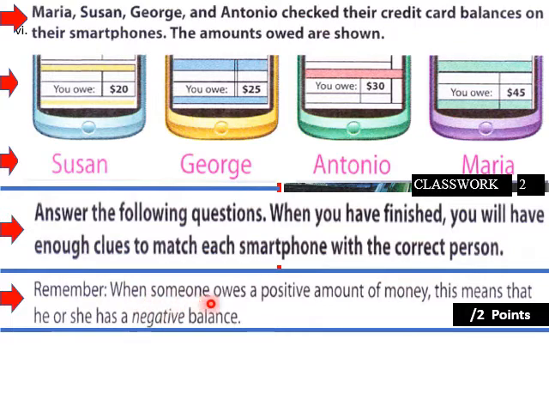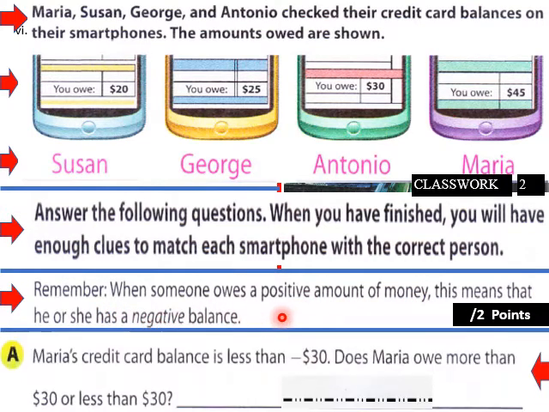Okay, remember, when somebody owes a positive amount of money, this means that he or she has a negative balance. So Maria's credit card, here's Maria. Balance is less than $30. Does Maria owe more than 30 or less than 30?